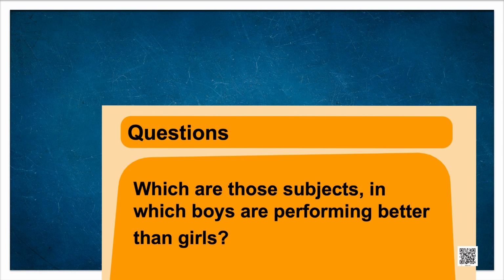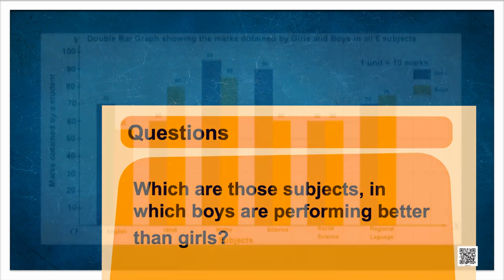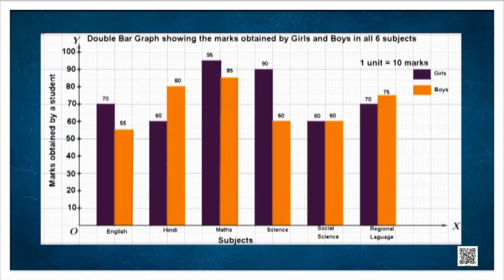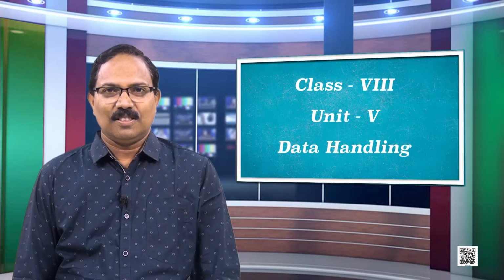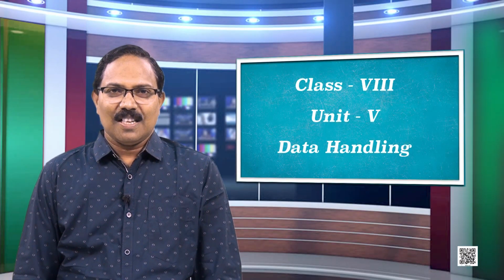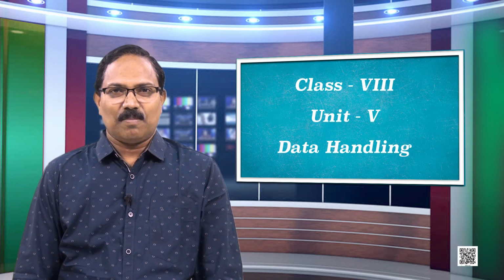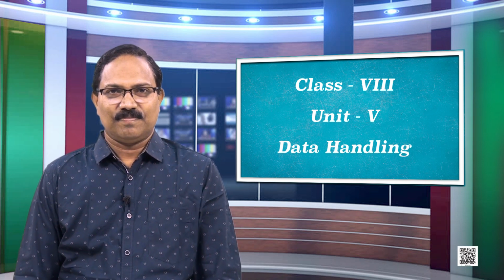Yes, in Hindi and regional language. You are correct. How is the performance of boys and girls in social science? Yes, they are the same. Very good. Students, let us learn one more graphical representation of data.